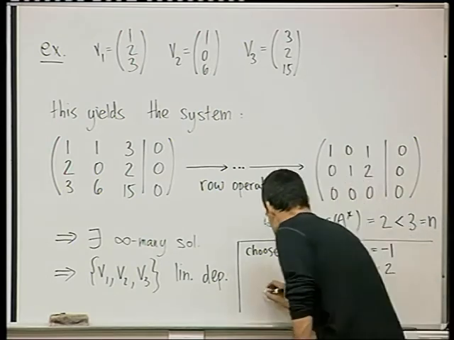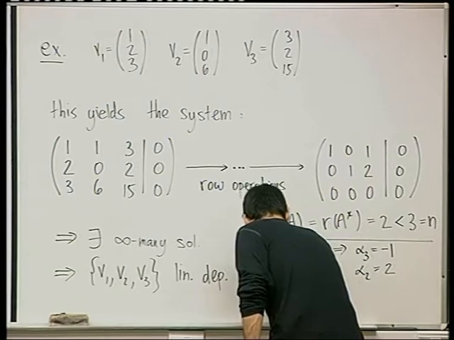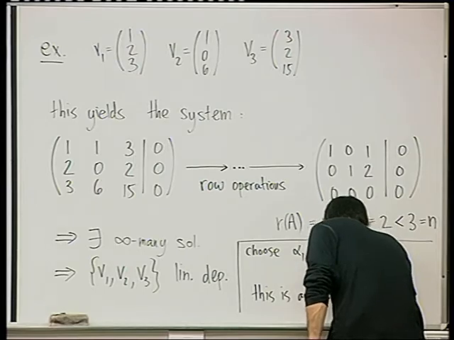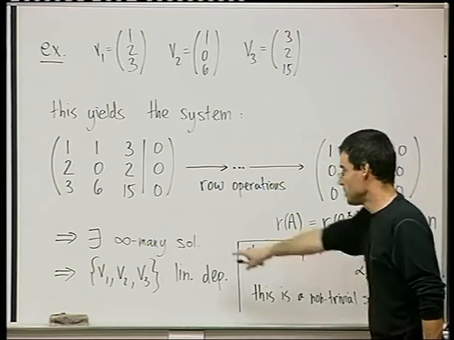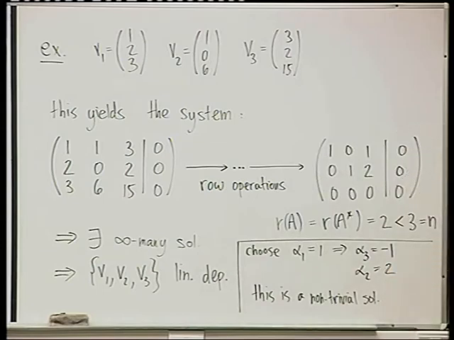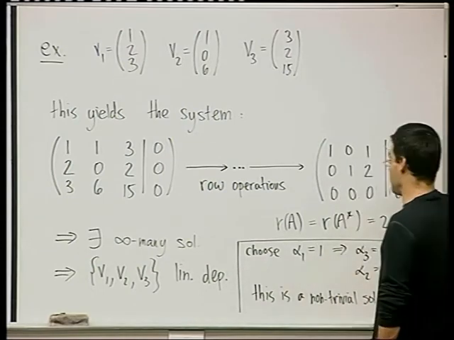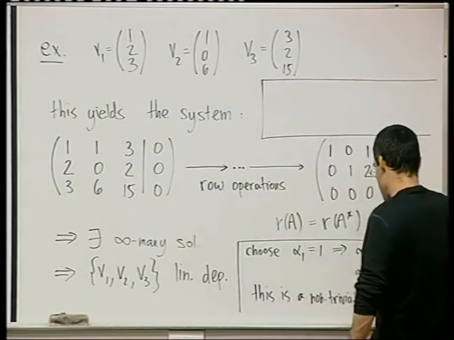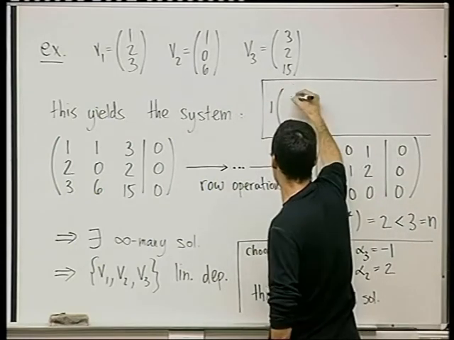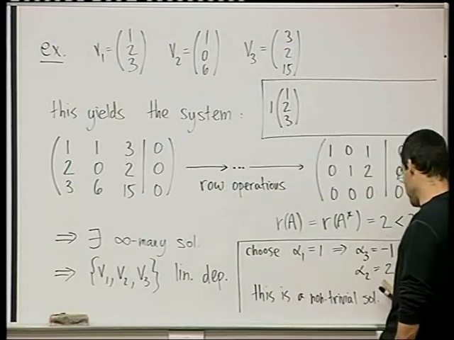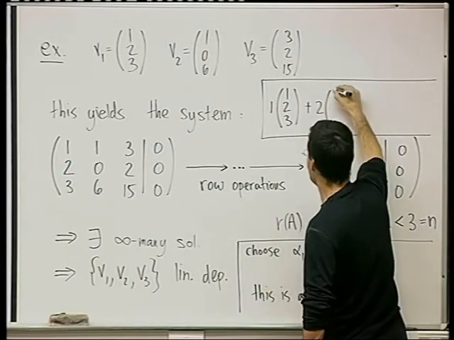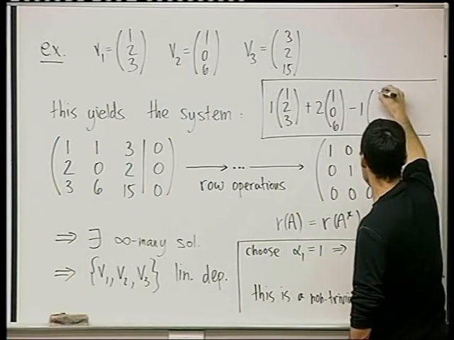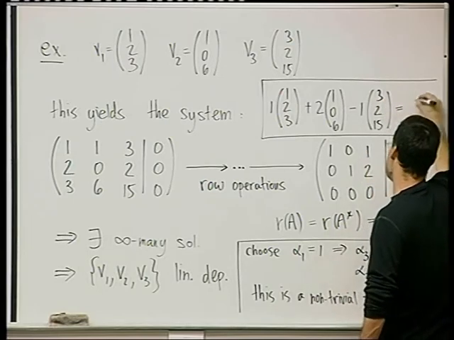So this is a non-trivial solution to the system. We said there are infinitely many of them. Here's one. And now using this, we can actually spell out the linear dependence. 1 times V1, which is 1, 2, 3, plus 2 times V2, which is 2, 0, 12, plus negative 1 times V3, which is 3, 2, 15, is going to equal 0.